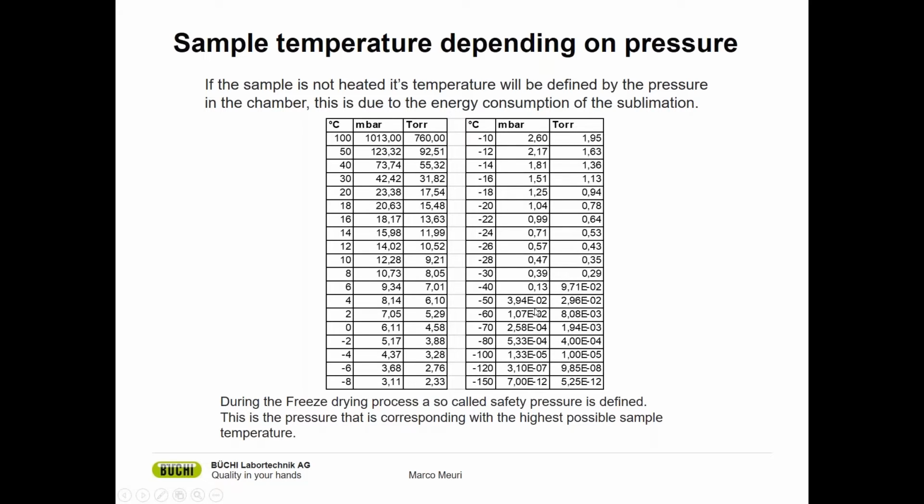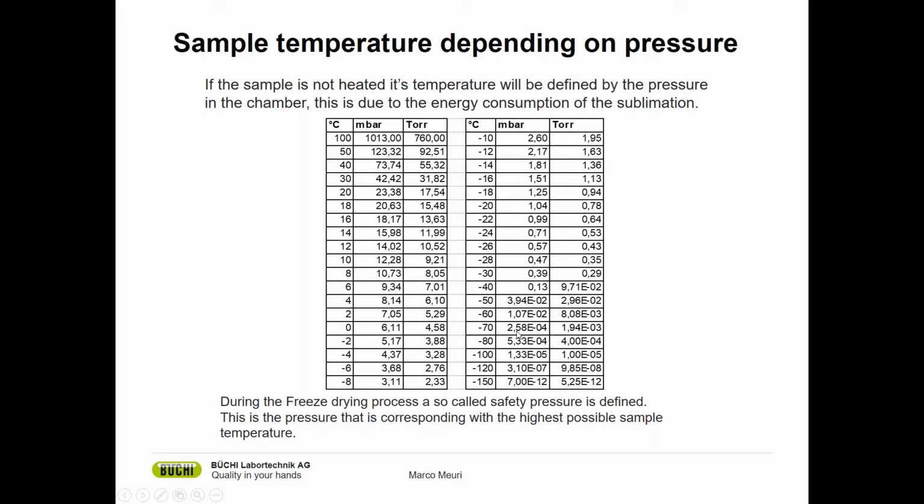What you can see now is the lower you go in your pressure, the lower the sample temperature will be. So we can start at about minus 20 and we can go down to about minus 50, minus 60 degrees in sample temperature, depending on the pressure we are using.